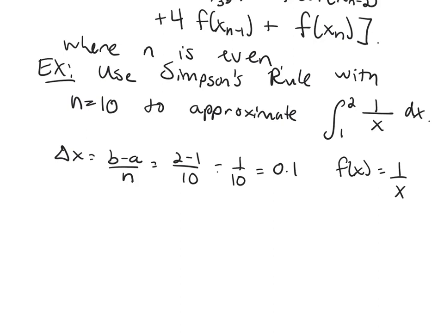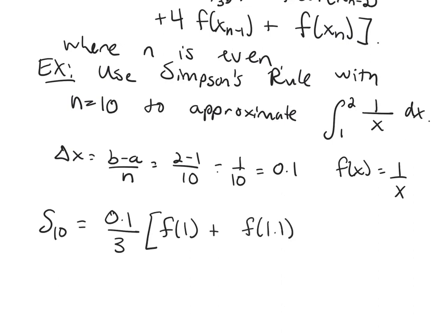So the formula says S10 equals delta x, which is 0.1, divided by 3, and to that I multiply the following sum. I start with f of 1, and then you keep adding delta x, so I get f of 1.1. My first coefficient is a 4.